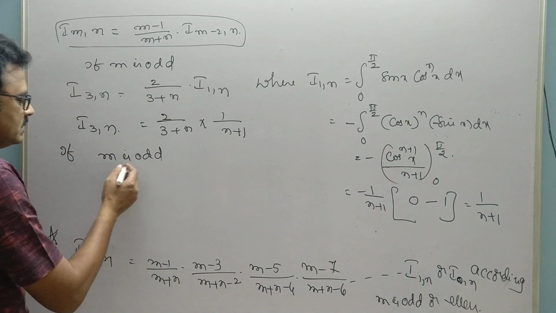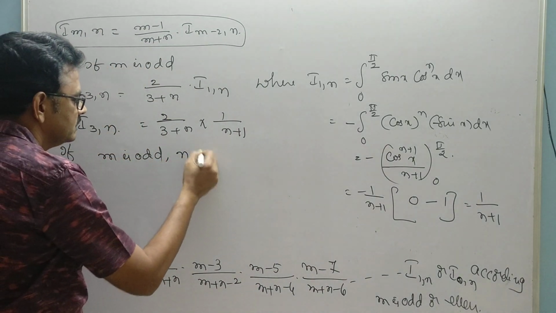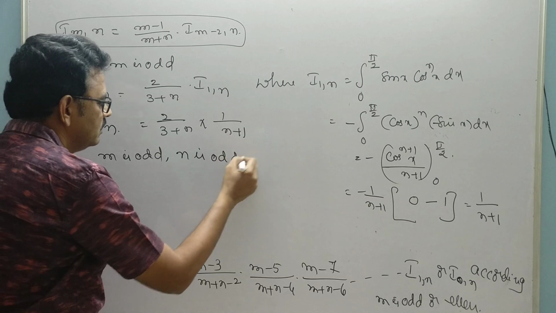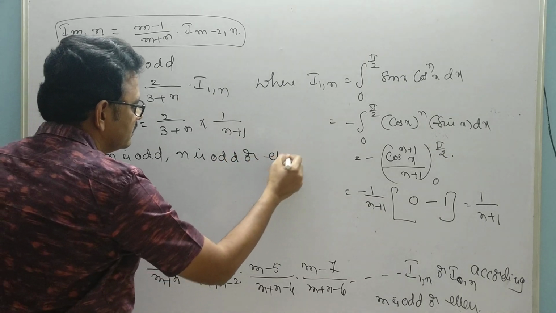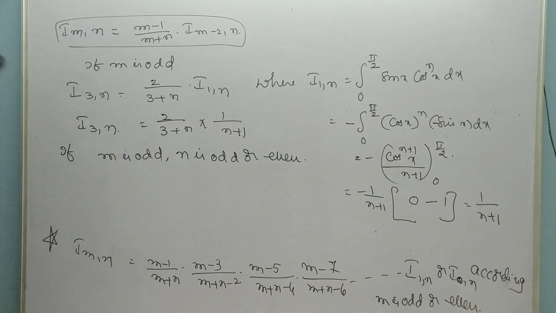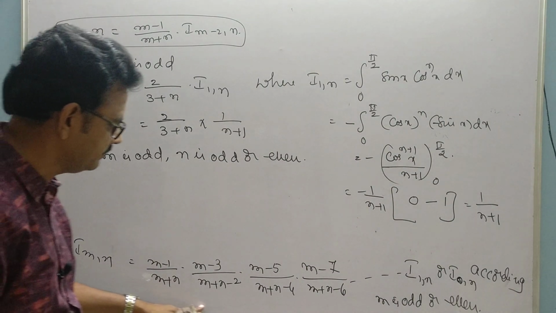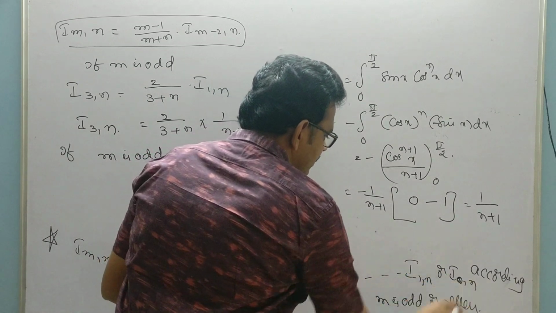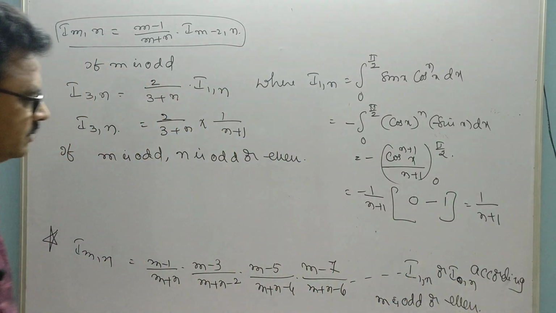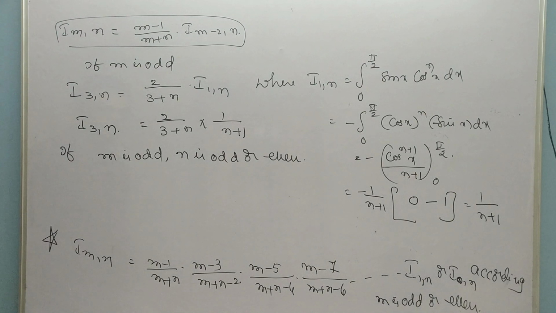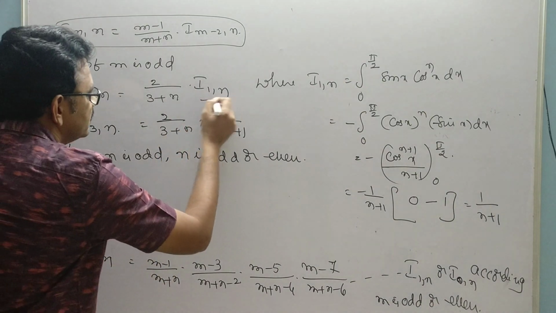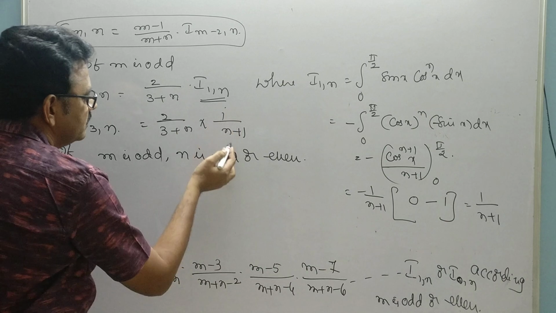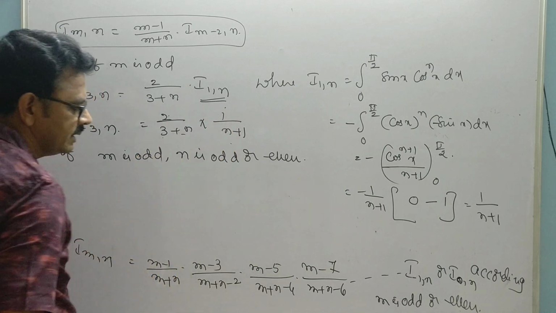So if m is odd and n is odd or even, the same expansion applies. The last one, I(1, n) or I(0, n): what is the I(1, n) value? 1 by n plus 1. Before term is 2 by 3 plus n.